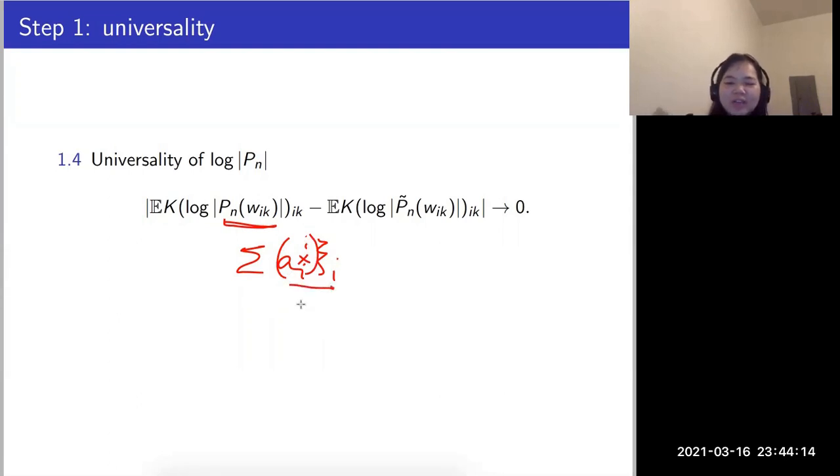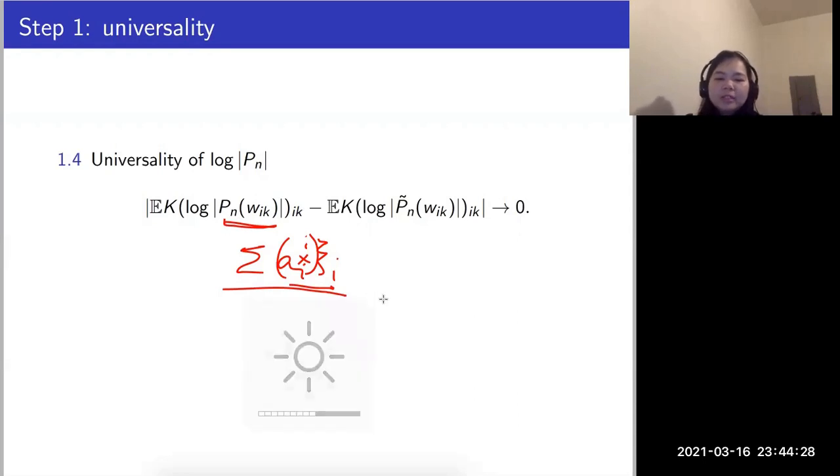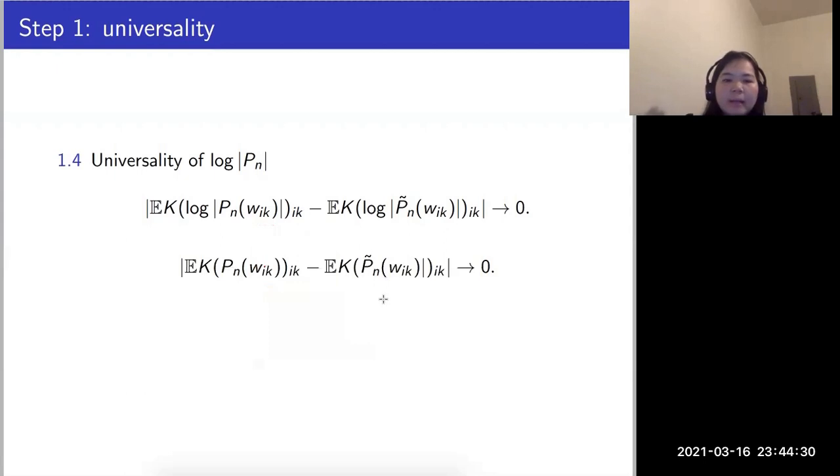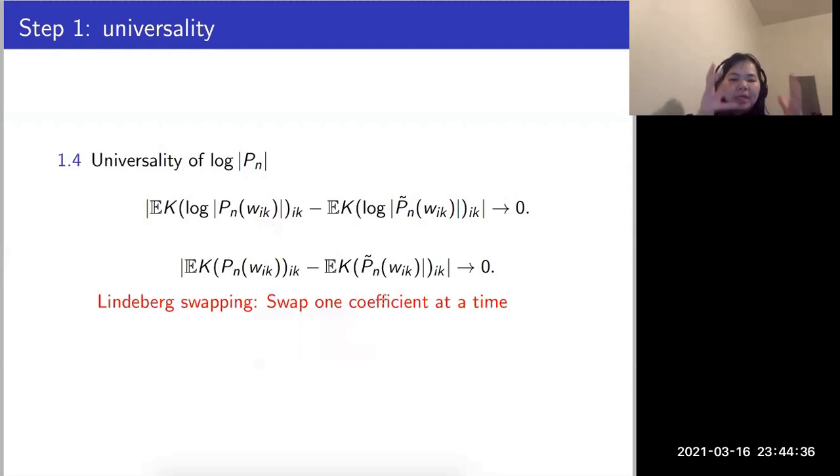In the context of the Central Limit Theorem, it is shown that something like this is already universal. So at this step, we just apply the classical tools, and we're done. That is the universality part. The underlying method is to swap one coefficient at a time and add up the error terms.